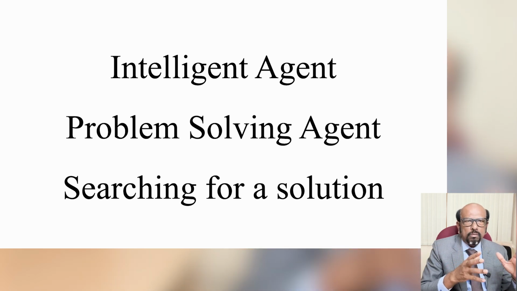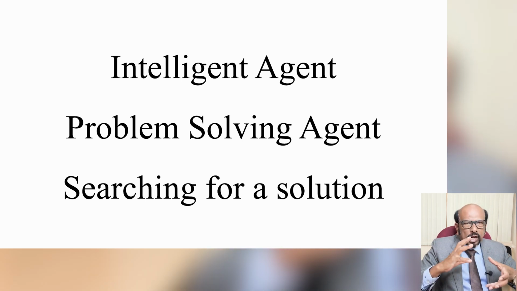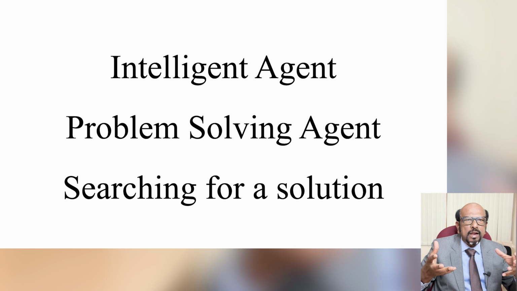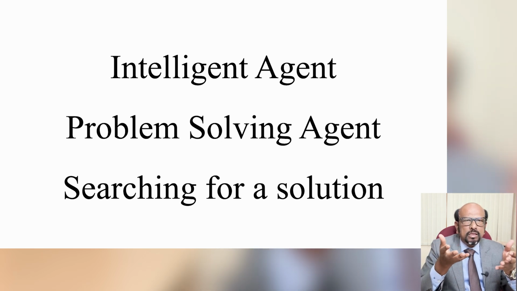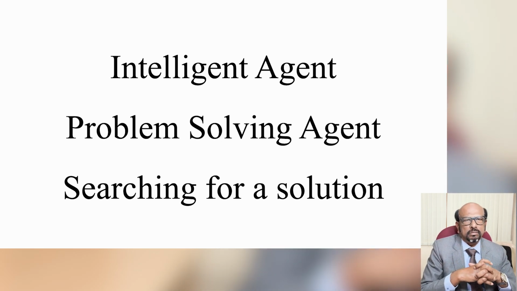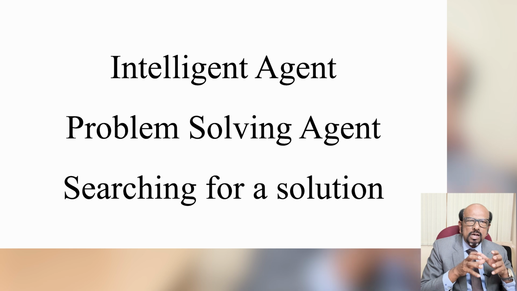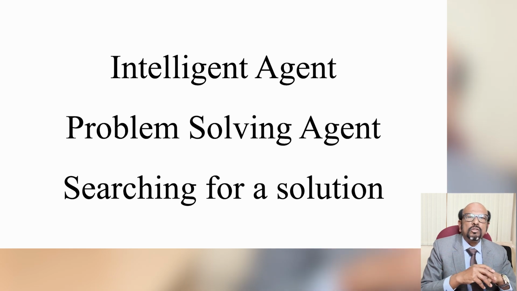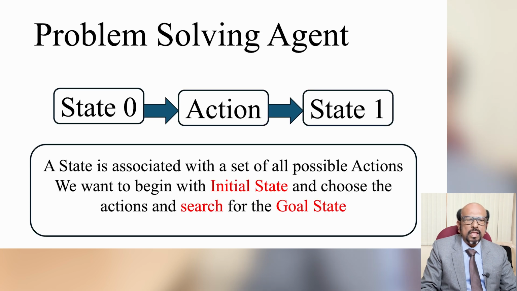So there is a problem for which we have to construct the solution iteratively and say that this is the solution of the problem. So we will have to search for the solution. So searching is done by the intelligent agent.